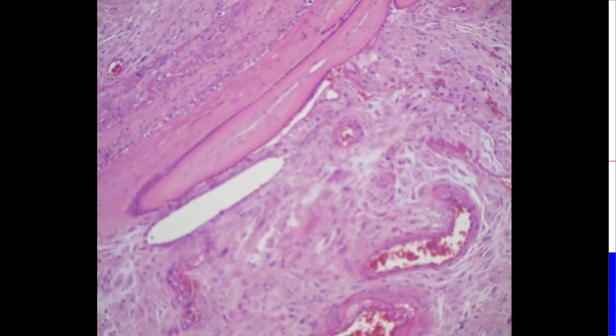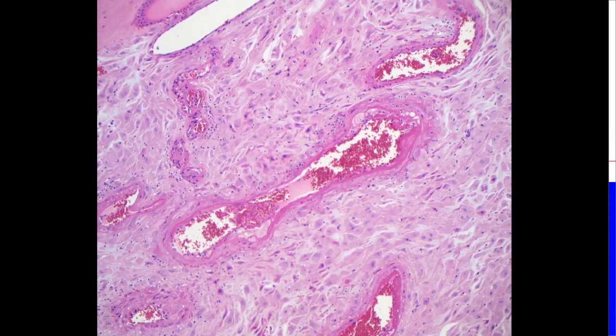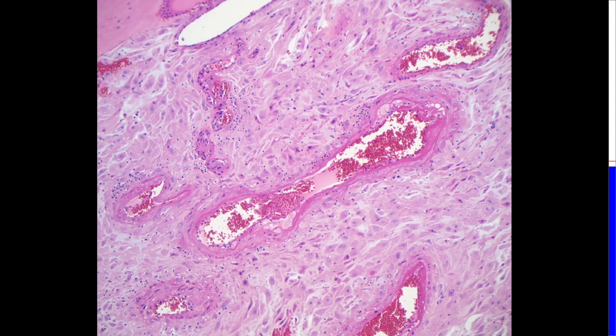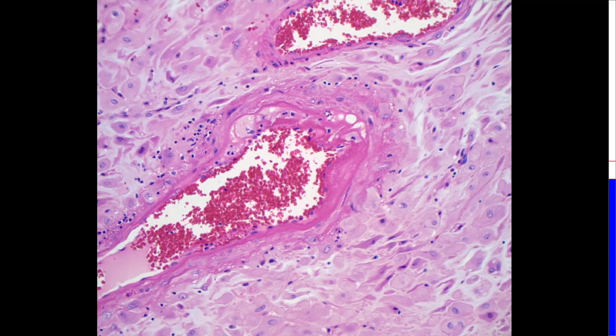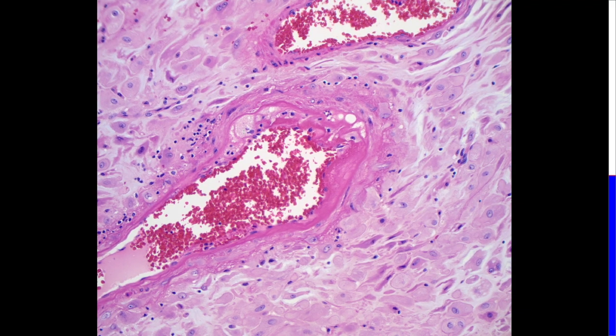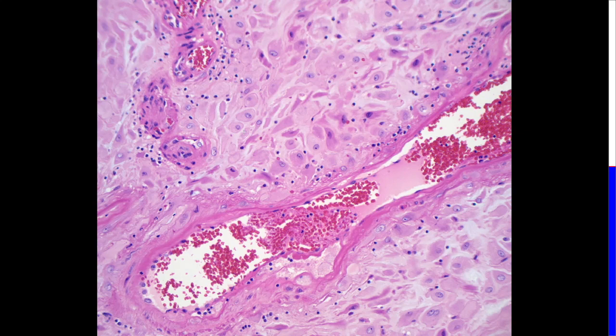Then when we look closer into the decidual vessels here, we see that the wall of those vessels is replaced by fibrinoid necrosis, which is this very bright pink color. And in addition, we have these foamy cells, which correspond to acute atherosis.